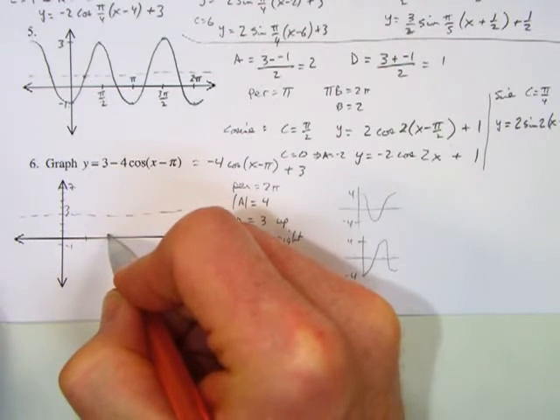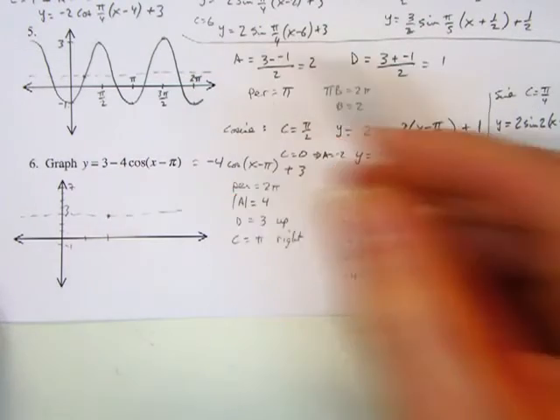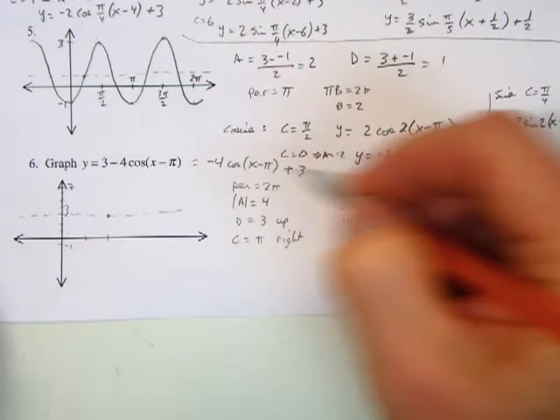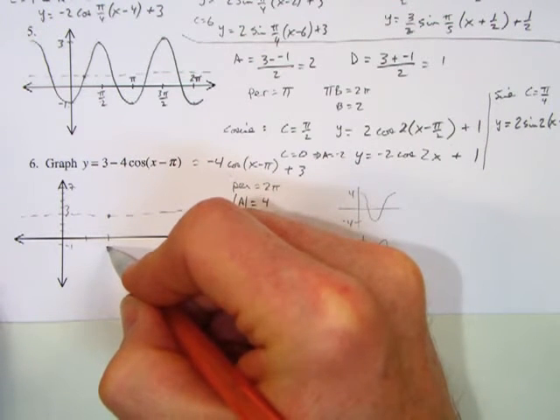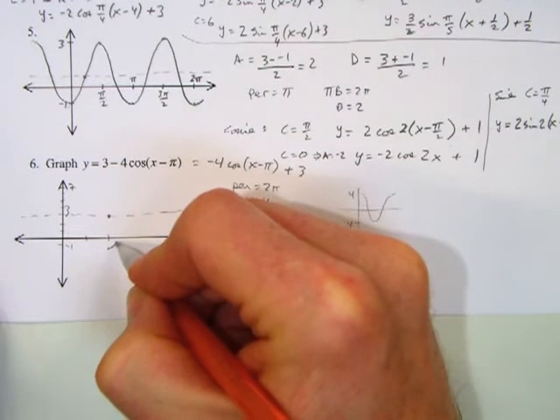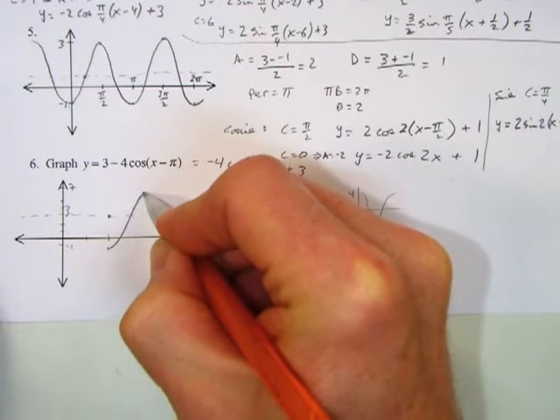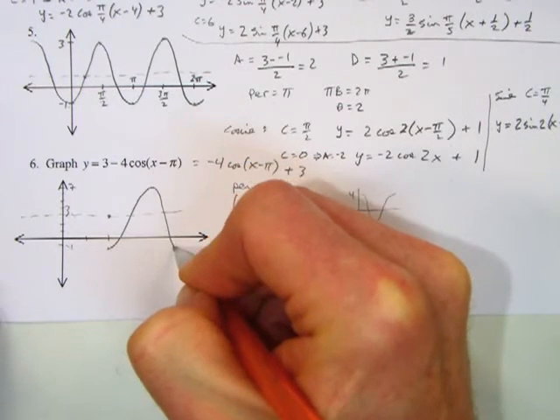I'll go in increments of pi over 2, so there's pi, so it's starting there. And what I can do is draw my normal cosine graph from here. It's going to be going up, and then I'll label the values.